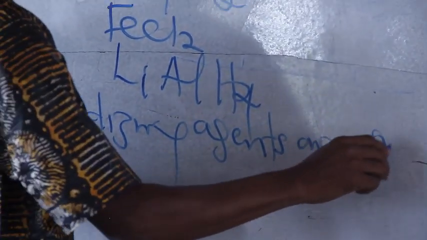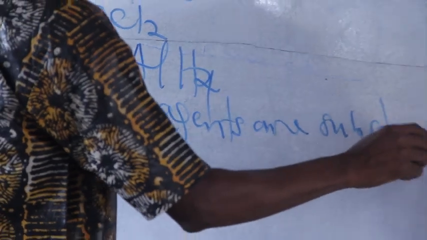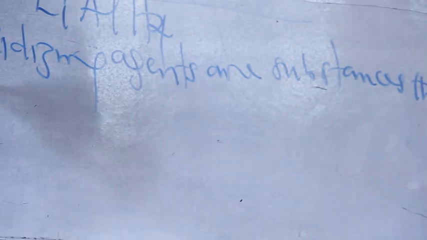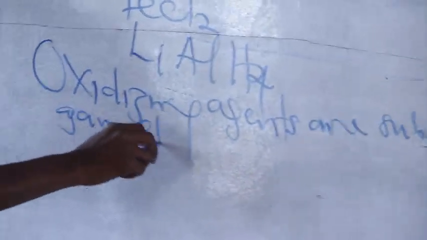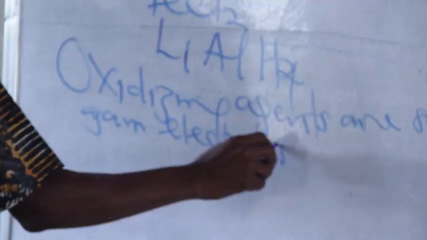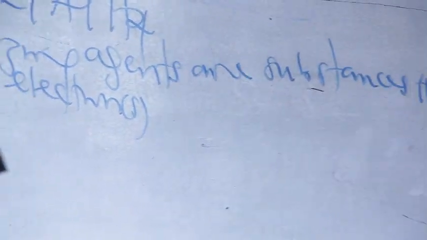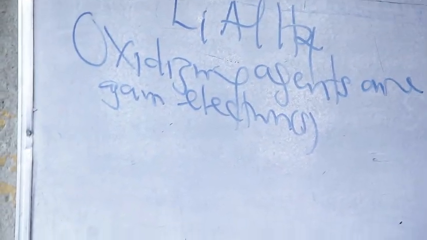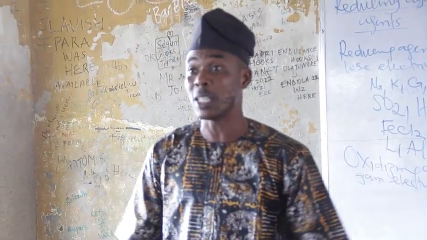Oxidizing agents are substances that gain electron or electrons. In other words, you can say oxidizing agents are electron acceptors. If there are donors, there must be acceptors.